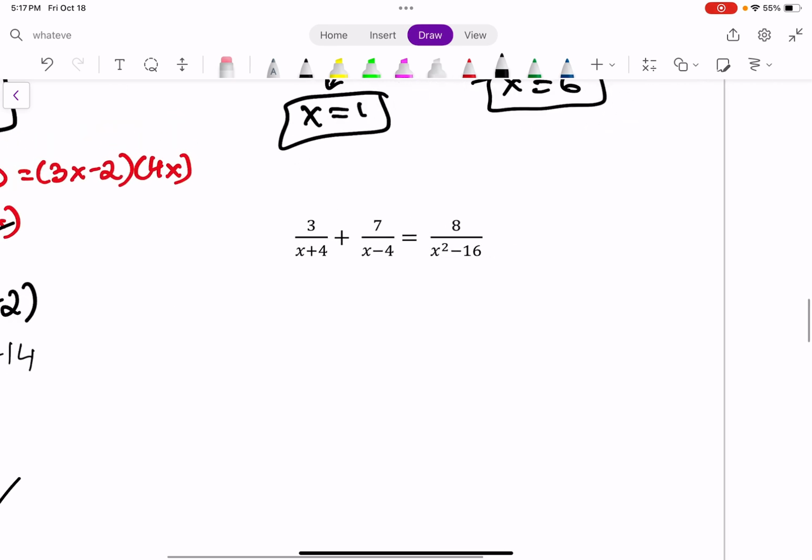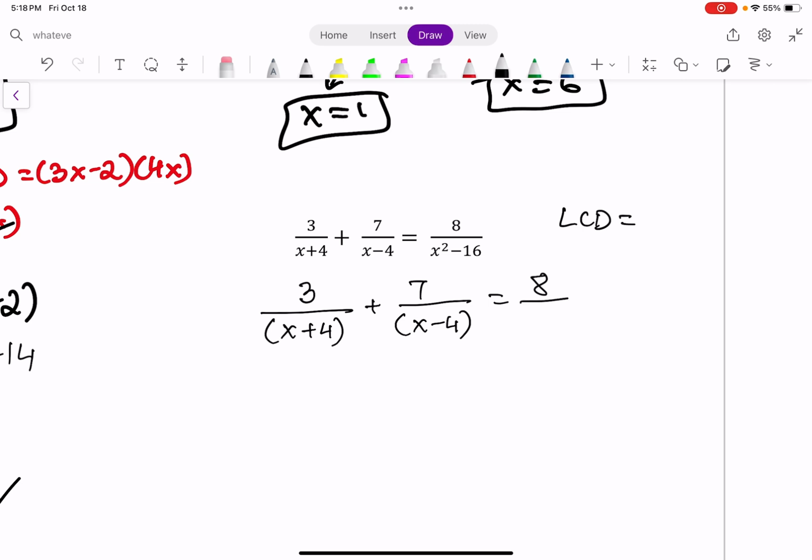To find the LCD here, least common denominator, I'd like to see the factors. So in this case, what we want to do is factor all these denominators. Now, x plus 4 cannot be factored. x minus 4 cannot be factored. But definitely x squared minus 16 factors into an x plus 4 and an x minus 4. So again, we put all those factoring skills to good use over and over again.